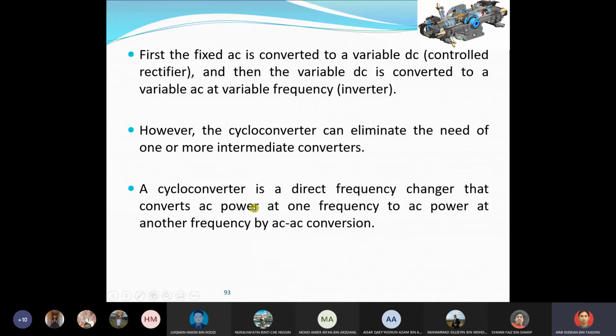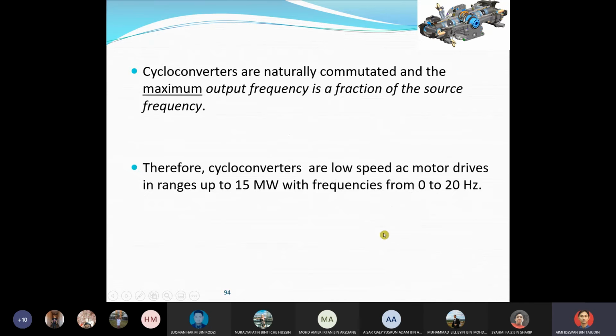Okay, so a cycloconverter is a direct frequency changer that converts AC power at one frequency to AC power at another frequency by AC to AC conversion. So this is to focus on frequency.